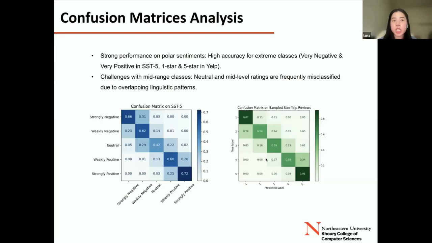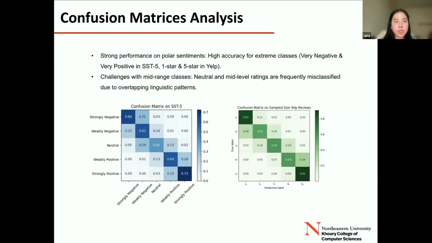And similarly, with the Yelp Reviews, the 3-star rating is only at 59%, and it's also frequently confused with the 2-star and 4-star ratings, just showing the difficulty in capturing mixed and nuanced sentiments.